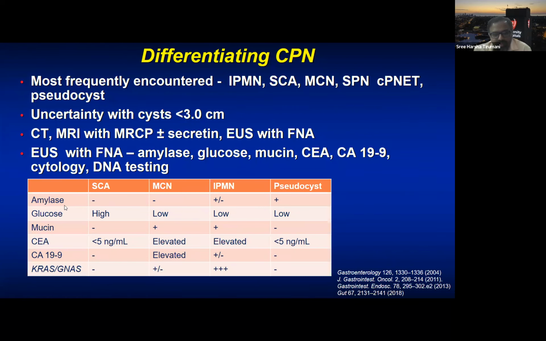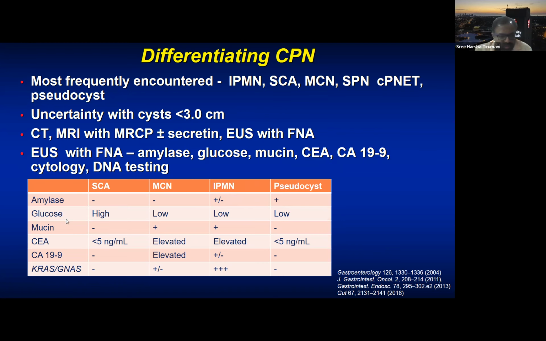If the cyst fluid has amylase, it basically means that the cyst is communicating with the duct. And that happens if it's a pseudocyst or if it's an IPMN. So amylase positivity is most often indicative of a pseudocyst. If the cyst fluid has an amylase of less than 250, it's usually considered to be not a pseudocyst, and that needs further workup.